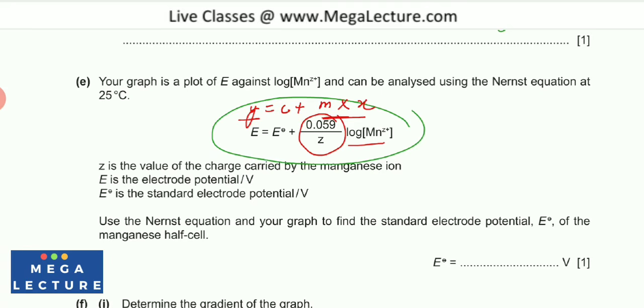So E naught is the y-intercept of the graph. Any nonlinear graph, if you plot it correctly, can be made to look like y equals mx plus c and act as a straight line. So E naught is coming out to be your y-intercept.